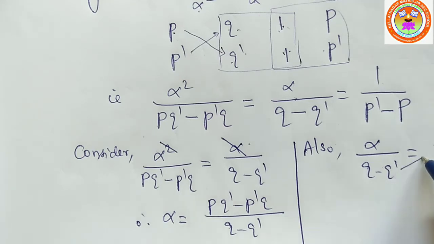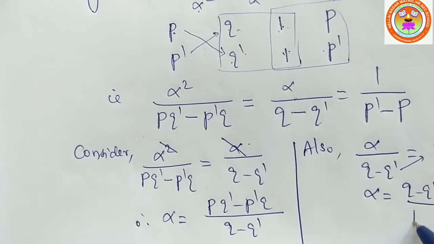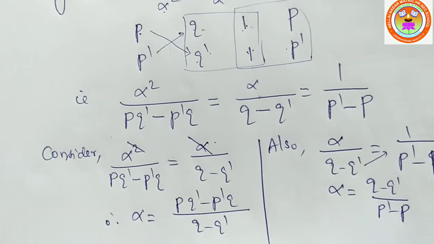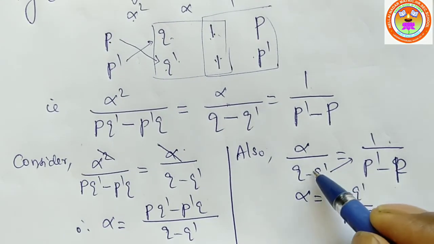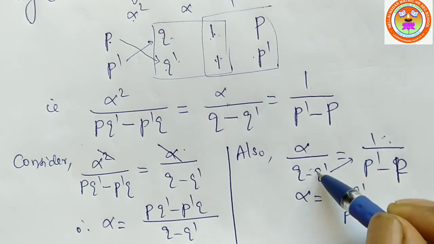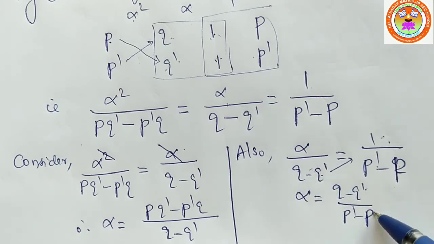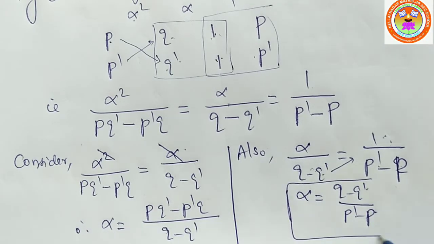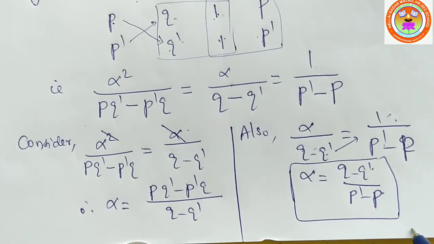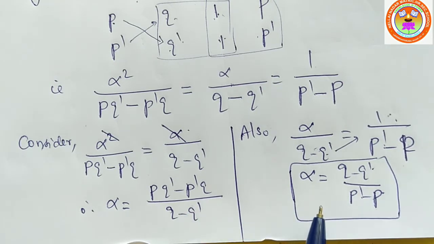If we cross multiply this term, we get alpha equal to q minus q dash by p dash minus p. So alpha is getting 2 values. That means the root of the equation has 2 different forms, that is pq dash minus p dash q by q minus q dash, or the other one, q minus q dash by p dash minus p. Is it clear?